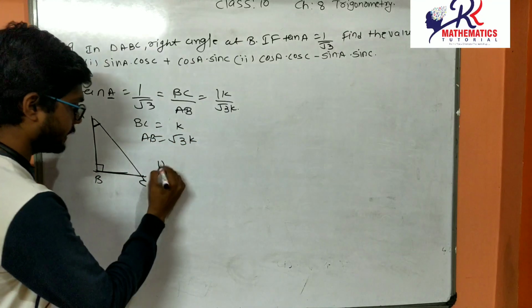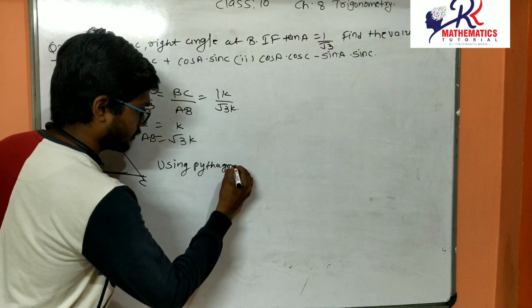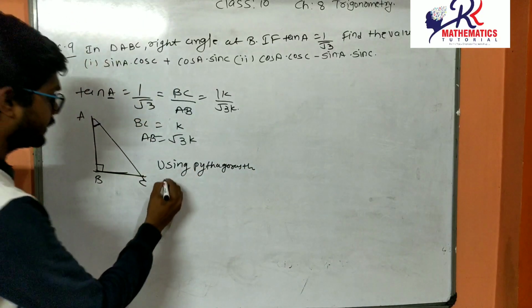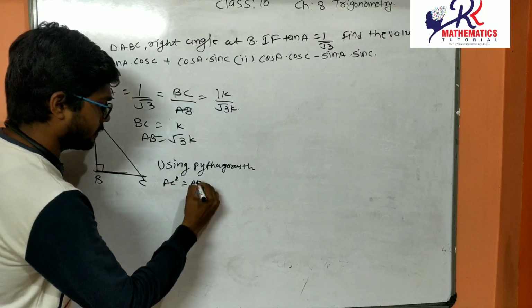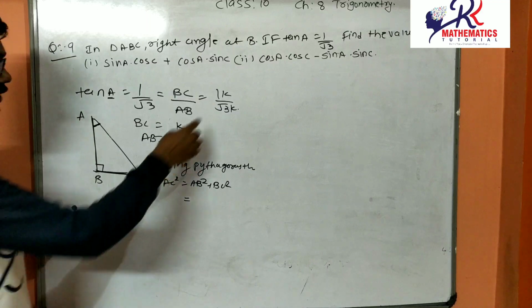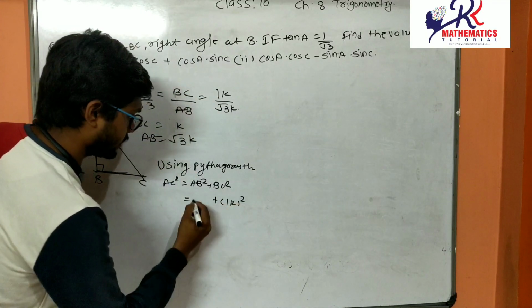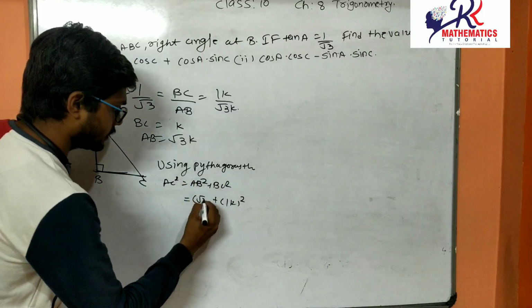Now using Pythagoras theorem, we can write AC square is equal to AB square plus BC square. So now to find the value of AC, the value of BC is 1k whole square, whereas the value of AB is root 3k whole square.